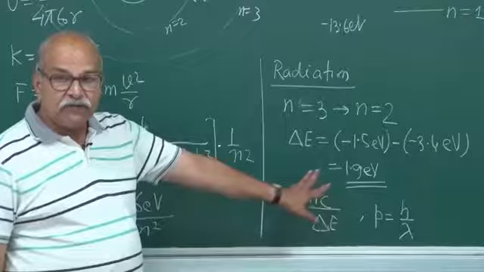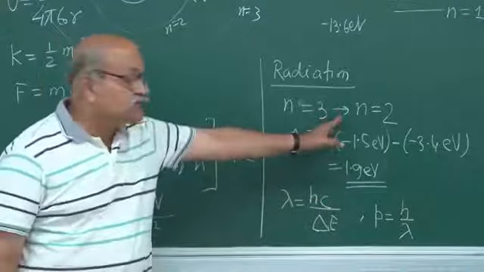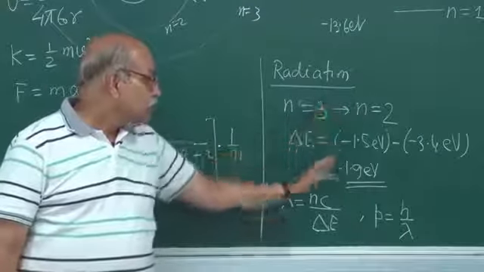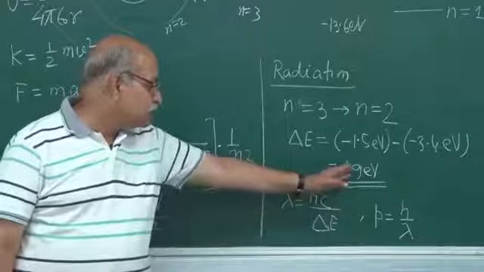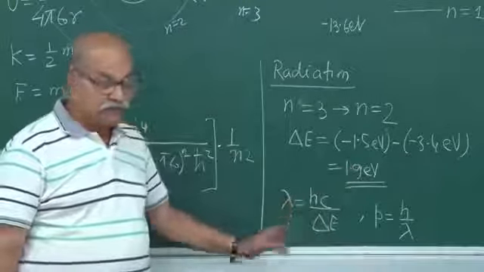So you can work out the wavelength for this transition, n equal to 3 to n equal to 2. If this is the energy, what is the wavelength? Put this energy here and you get the wavelength.